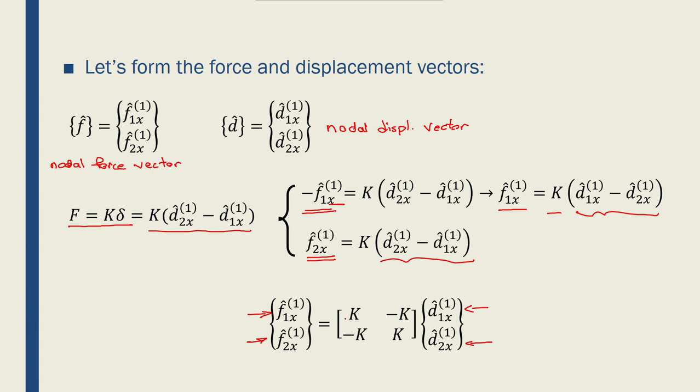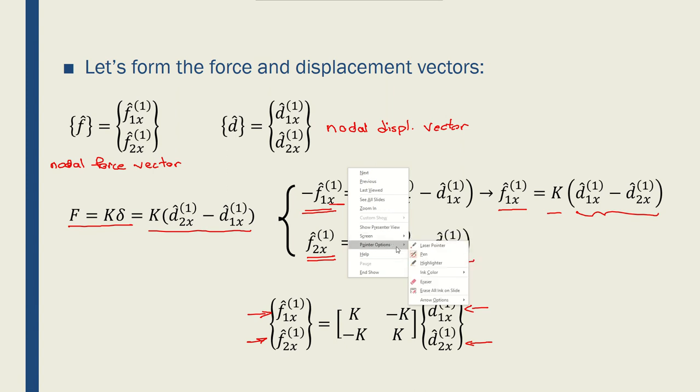So how do I find these k's and minus k's? Well, if I assume, let me change the color of the ink to green.